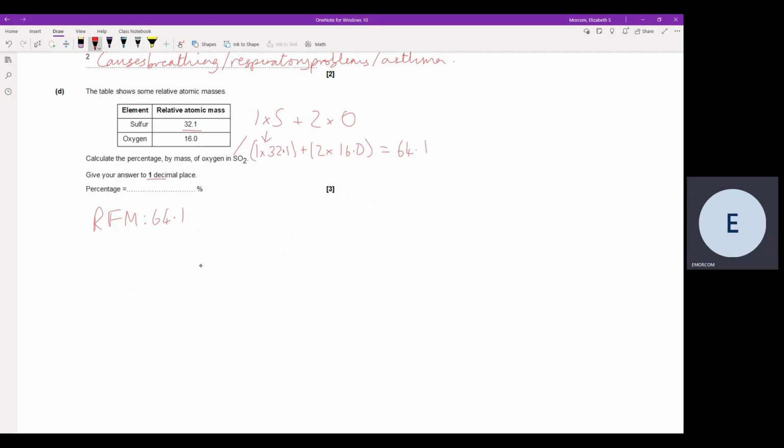Then I've got to look at the mass of the oxygen there, which is equal to 16.0 times 2, because there are 2 oxygen atoms, which is 32.